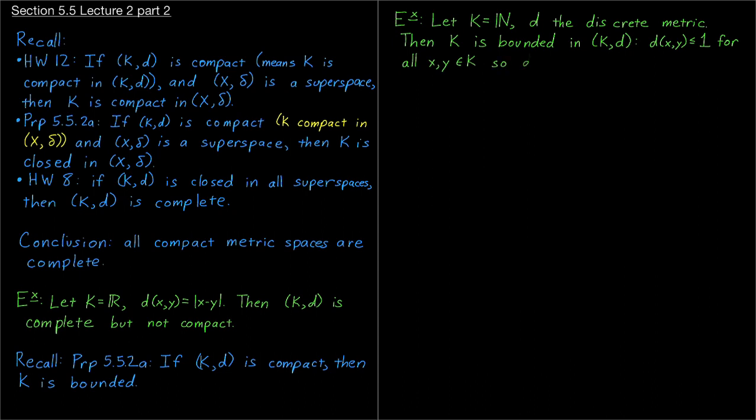So the diameter of K is 1, or K is contained in the ball centered at x of radius 2, or 1.5, or any number bigger than 1, or you can actually make it 1 if it's the closed ball, and this is true for any x in K. K is also complete.